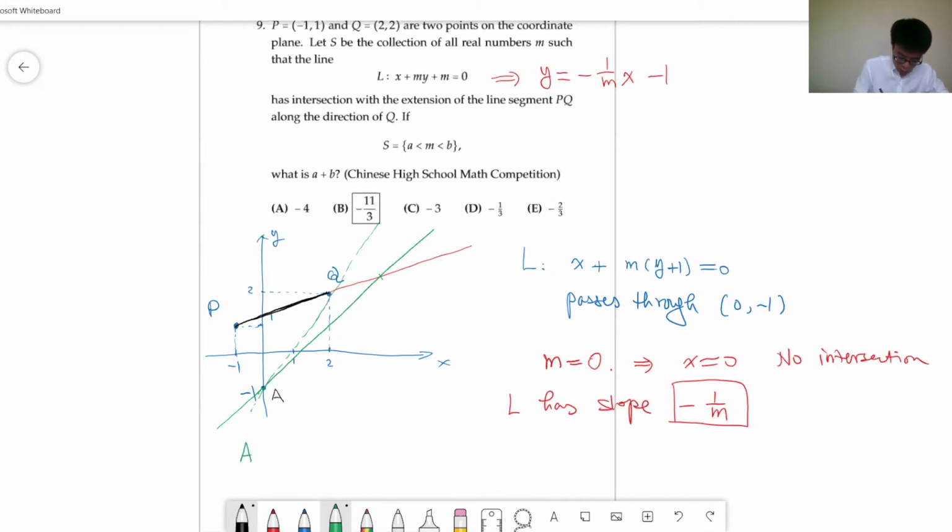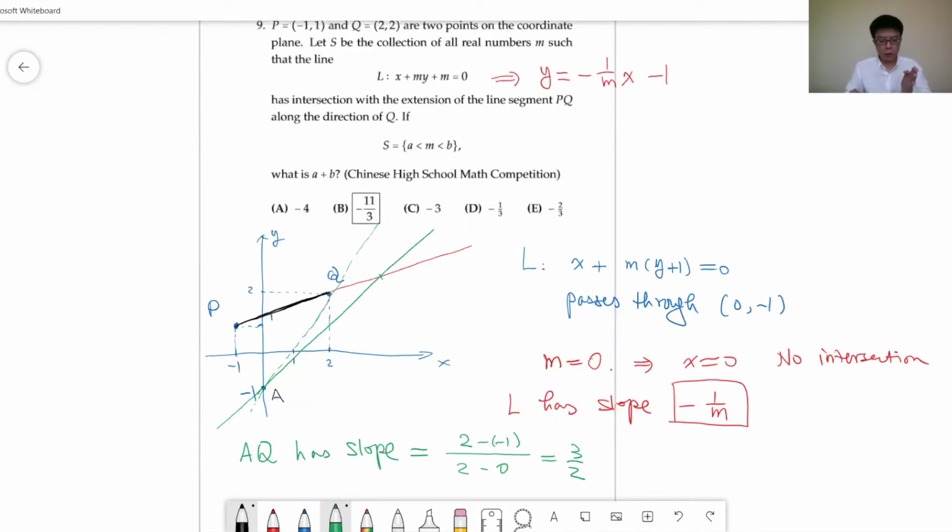So AQ has slope equal to, well, the y coordinate of Q is 2, the y coordinate of A is minus 1, the x coordinate of Q is 2, the x coordinate of A is 0. So this slope is 3 over 2. And then the slope cannot be larger.